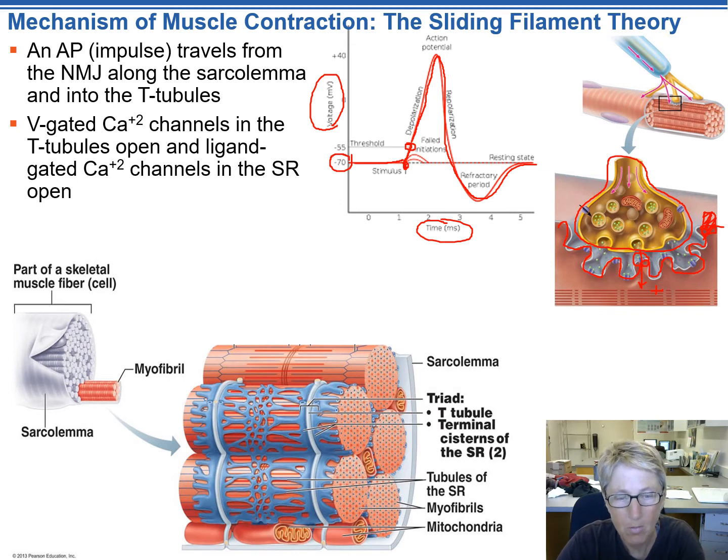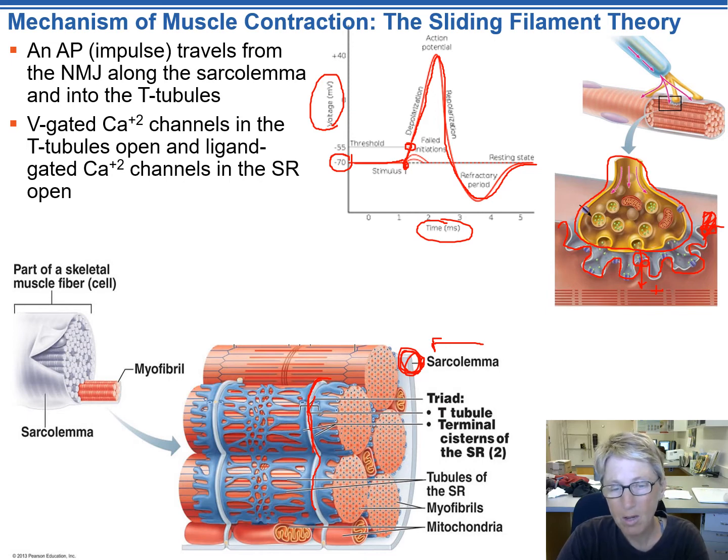Here are these white structures. These are the T-tubules. And here's the sarcolemma, also known as the phospholipid bilayer. As the action potential travels along the sarcolemma, it will dive down into these T-tubules and change the membrane potential.